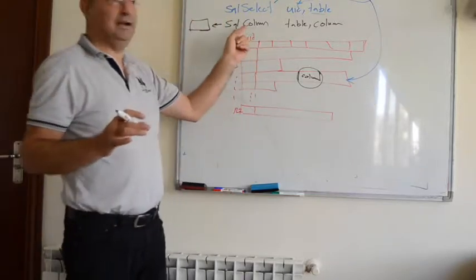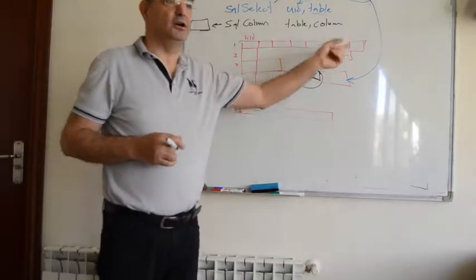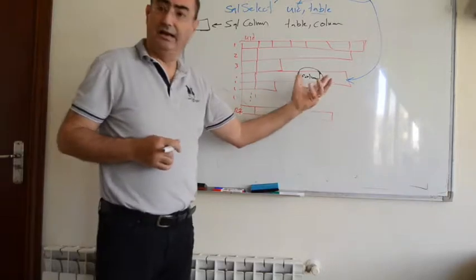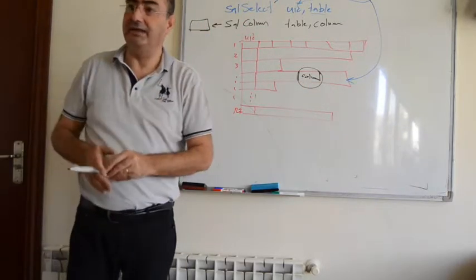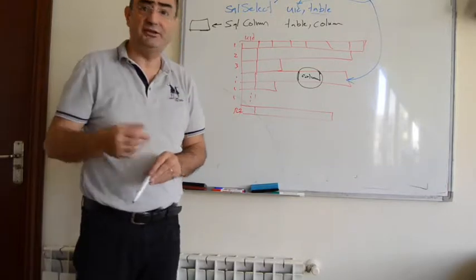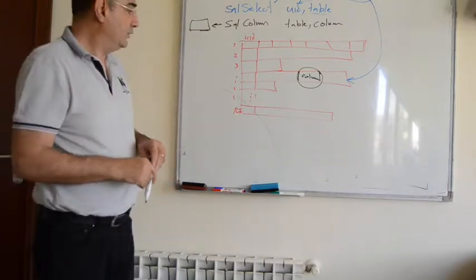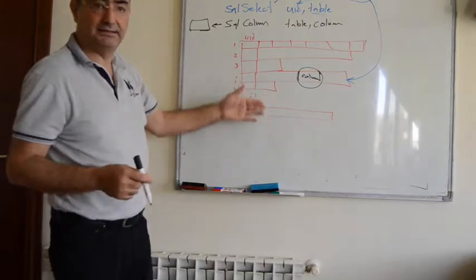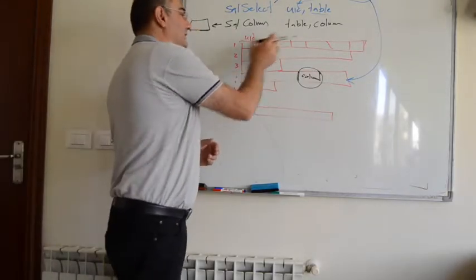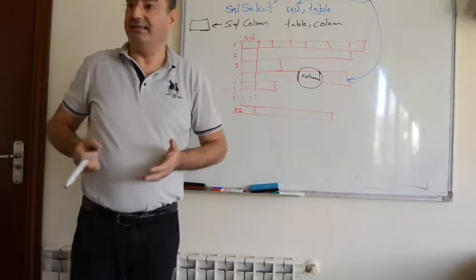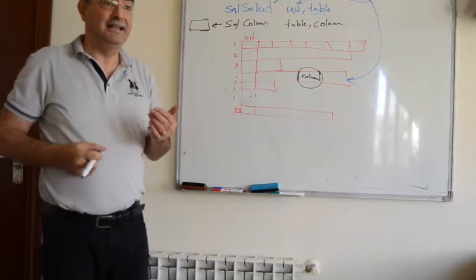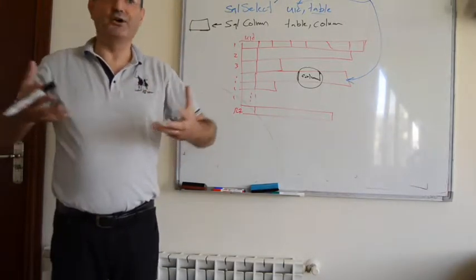Okay? The SQL column will get you any column from that table and will give you the value for that column. You can store it anywhere you want. You can store it in a register, you can store it in another column, or anywhere in this table. So you're moving something from here to here. The only thing that you have to make sure of is that the data types are aligned.